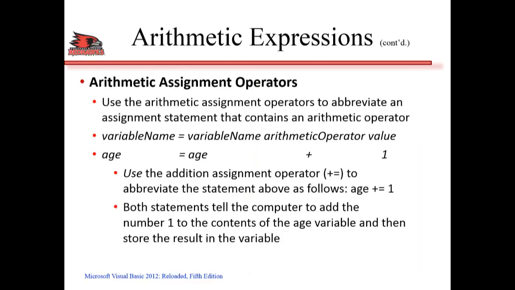Now we have some shortcut operators. Basically, suppose you had the age equals age plus 1 code, right? Instead of age equals age plus 1, you can use the age plus equals operator to do the same thing. So age plus equals 1 is the same thing as age equals age plus 1.